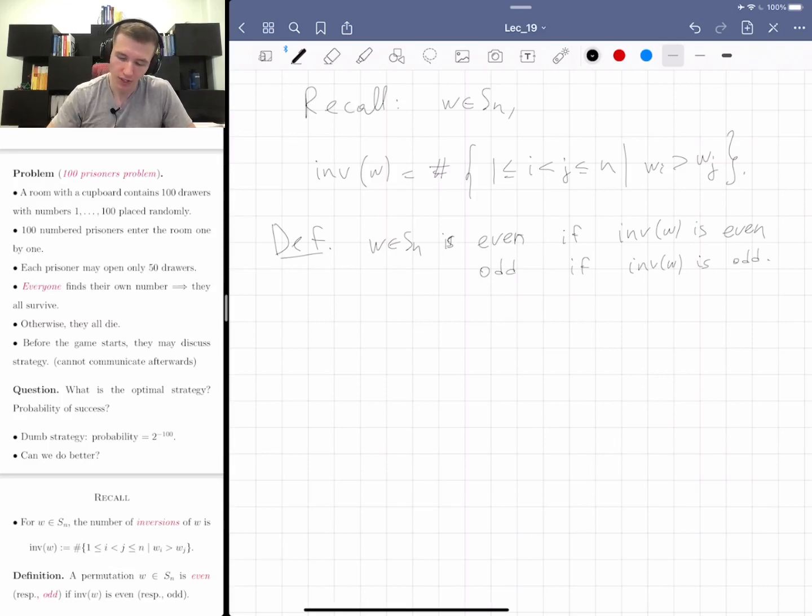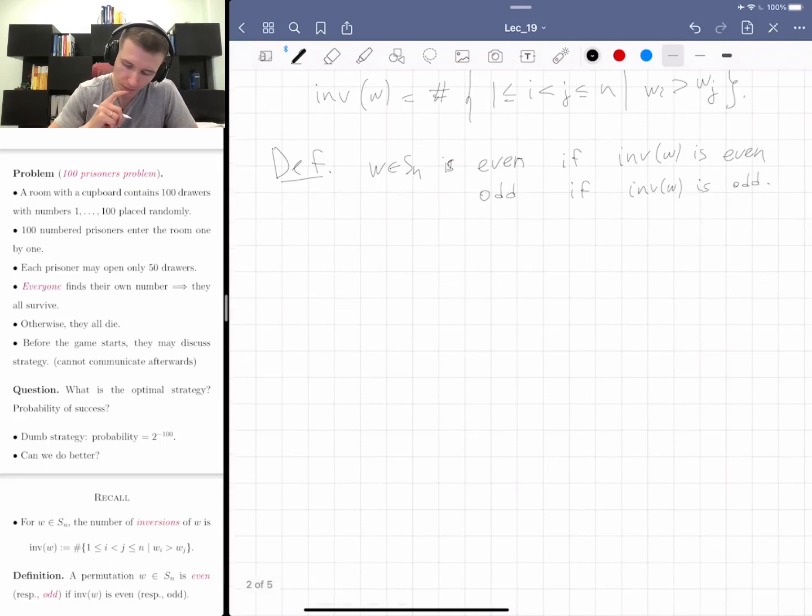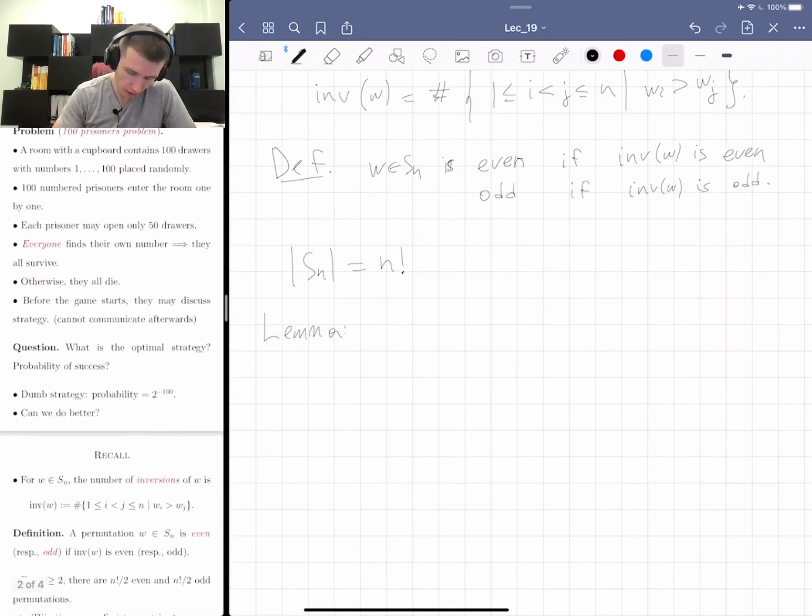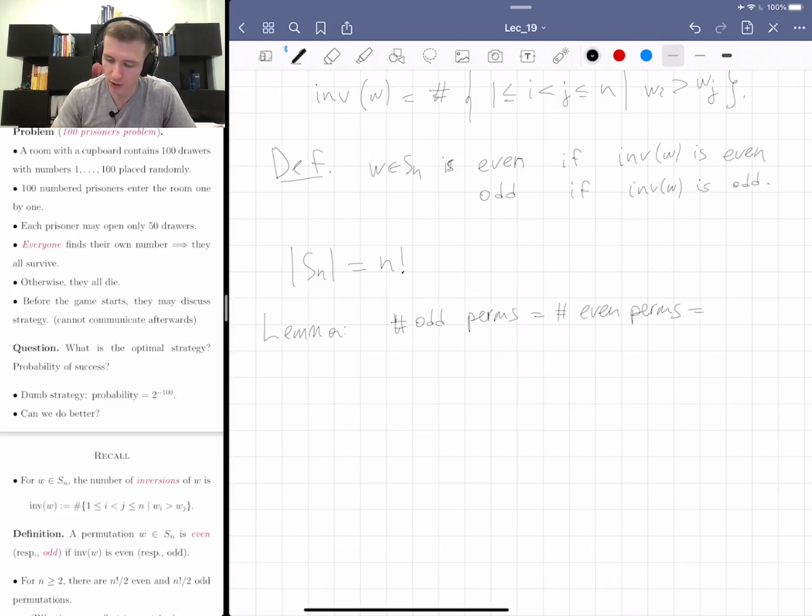Okay. For example, let's try to count how many odd and even permutations there are. The size of Sn is n factorial, and I claim, lemma: the number of odd permutations in Sn is equal to the number of even permutations, and is equal to n factorial over 2 for any n greater than or equal to 2.